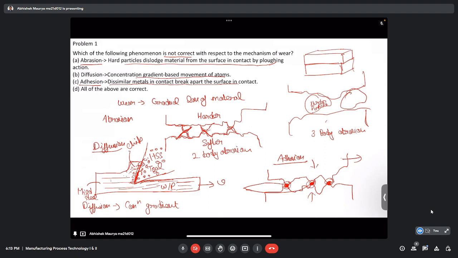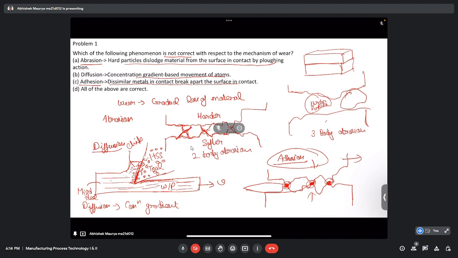That's why one of them will lose material, and this process happens slowly. Since one body is losing material gradually, it is also a wear, and this type of wear is called adhesion wear. So in adhesion wear, the main thing is that this type of localized welding has to take place, and it has to be removed by one of the bodies.